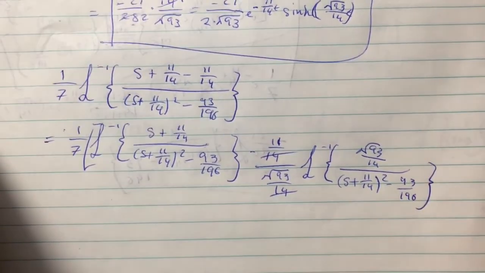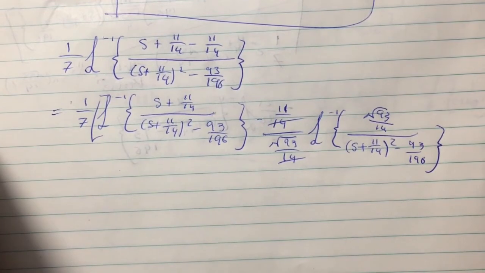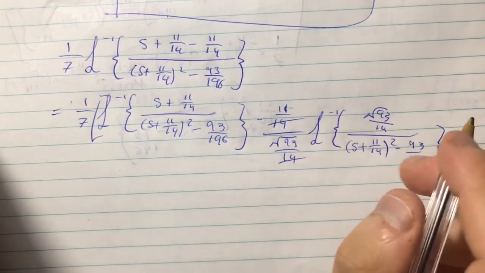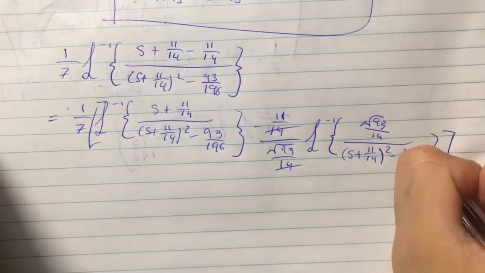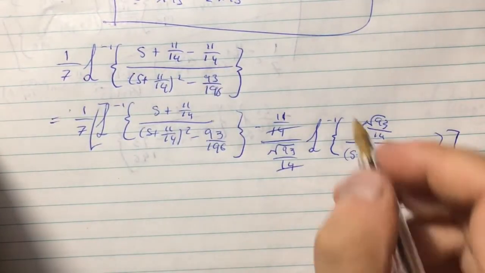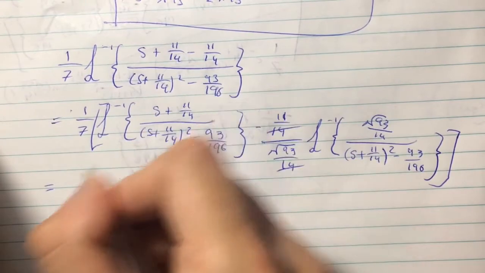Oh my gosh, this is just annoying at this point. Now you can see why the video had to have two parts. By the way, this 1/7 is distributed to both terms. So now I have an answer right here.